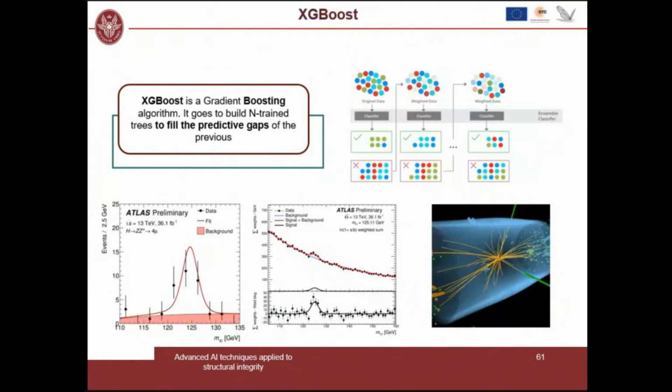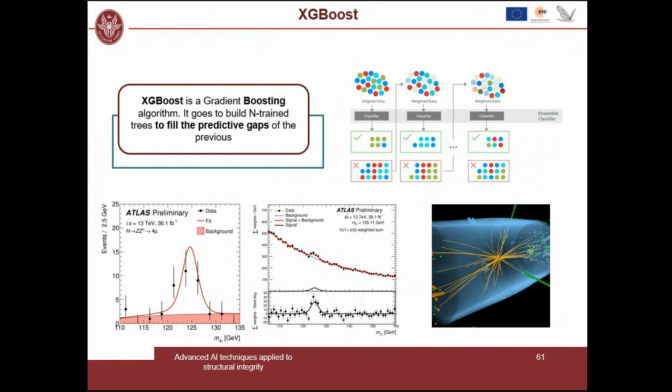But a much more powerful tool is XGBoost, and it's similar to AdaBoost. It essentially models the misprediction of the previous model. So you create not an ensemble, but a boosting model, where each model fixes the error of the previous model.